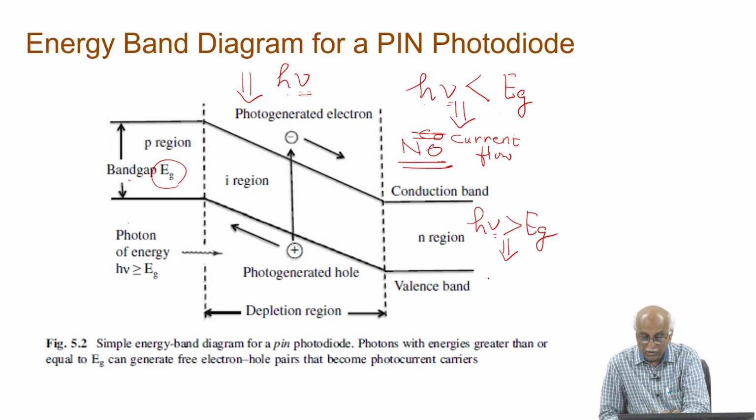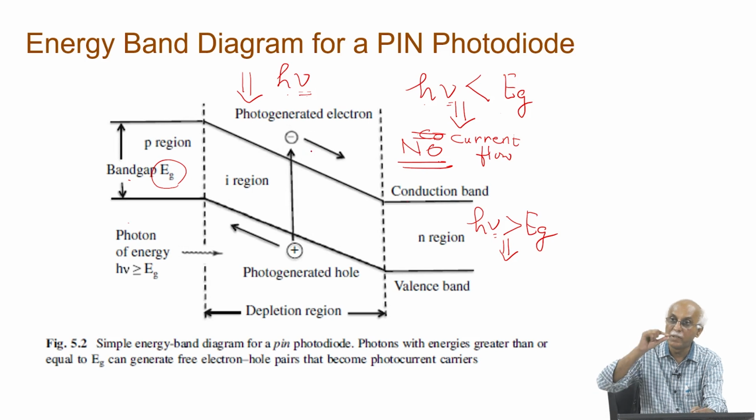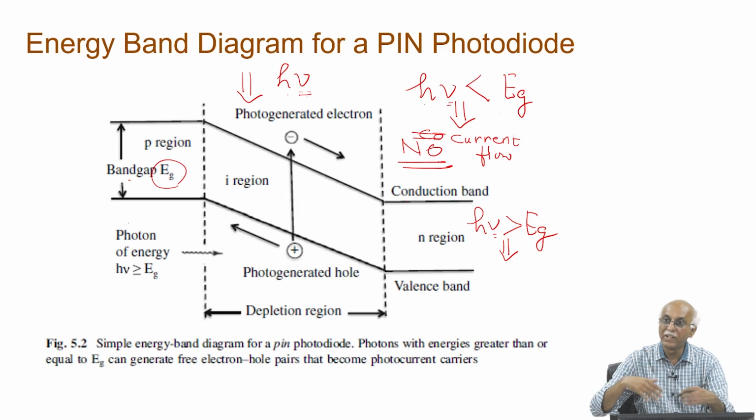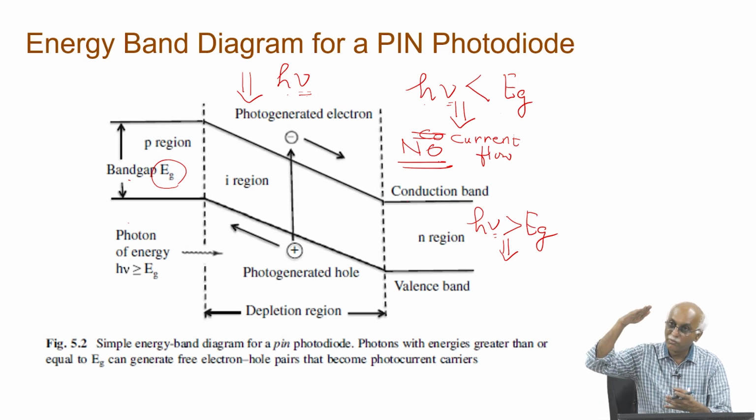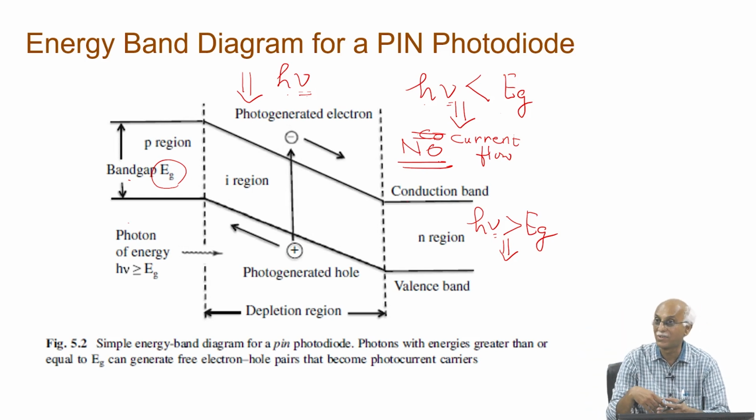However, if you keep on increasing this photon energy, the absorption becomes so prominent that the photon energy will get absorbed in a very small layer of this depletion region. Many electron hole pairs may not get dissociated because the photon energy will get absorbed, and it will not be able to travel through the medium for a longer distance. So, there is a limit on either side.